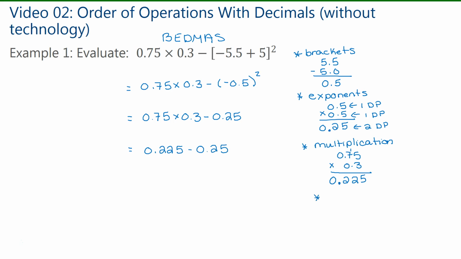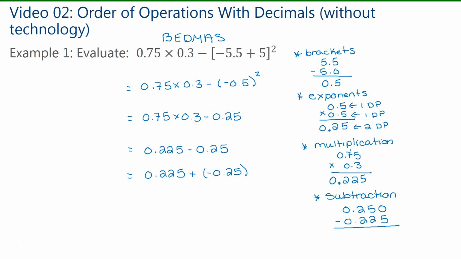All right, so now we're just down to our last operation, which is subtraction. Whenever we subtract, we add the opposite. So I'm going to change this to 0.225 plus negative 0.25. Now when we add a positive and negative, we subtract. So I need to subtract 0.225 from 0.25.